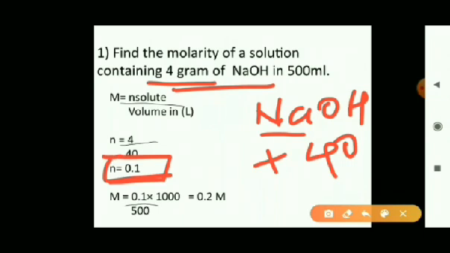Now we have to find the molarity. For that we got the number of moles of solute, that is 0.1. Put that value, and we need volume in liter, but 500 ml is given, you have to convert that into liter. Understood? So 0.1 divided by 500 divided by 1000.